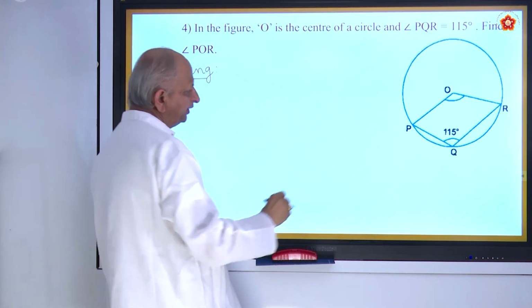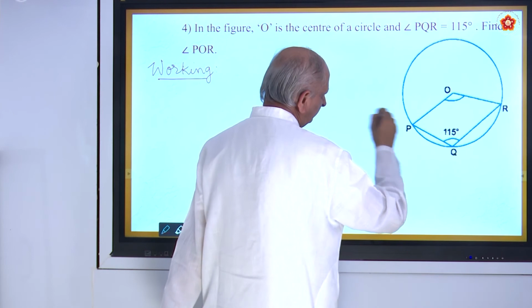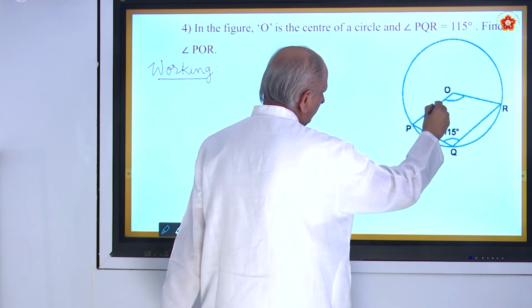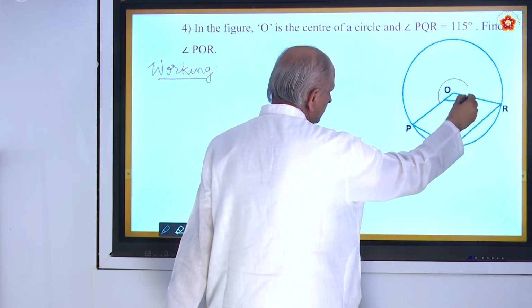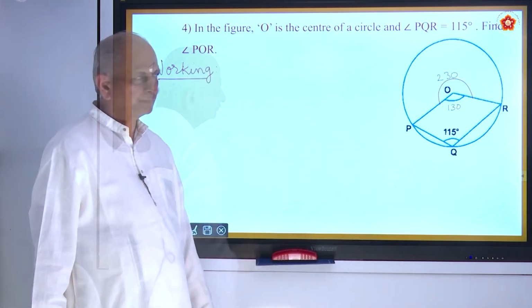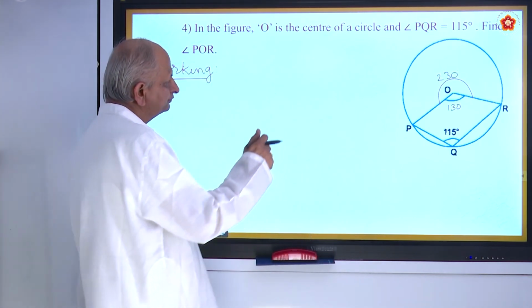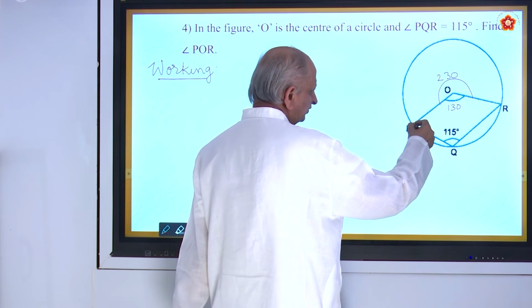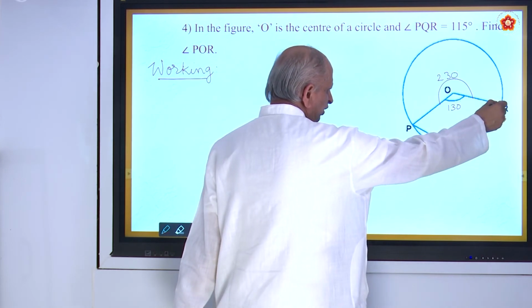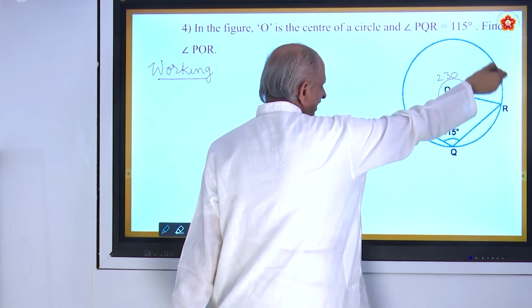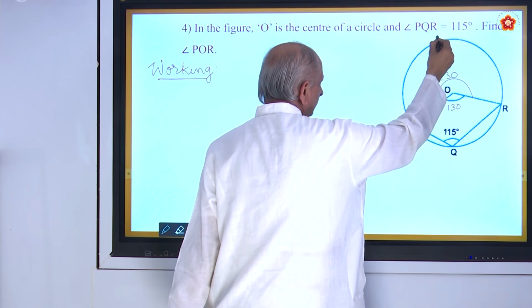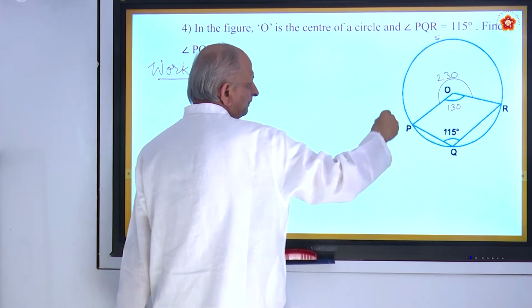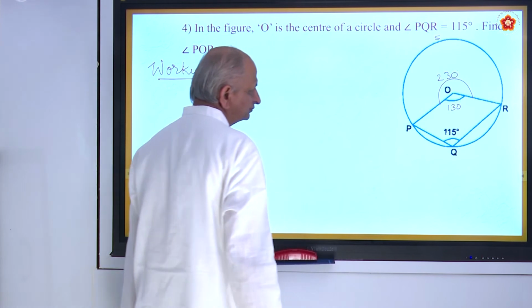Here PQR is 115. And what about this angle? See here, there are two arcs. One is called the minor arc PQR. This is a major arc. Suppose you have a point called S here. PSR is a major arc.